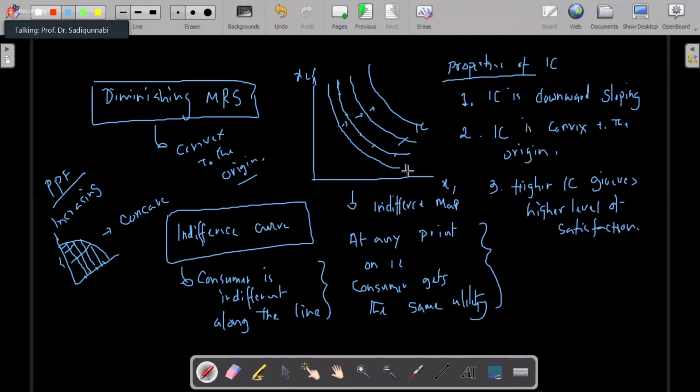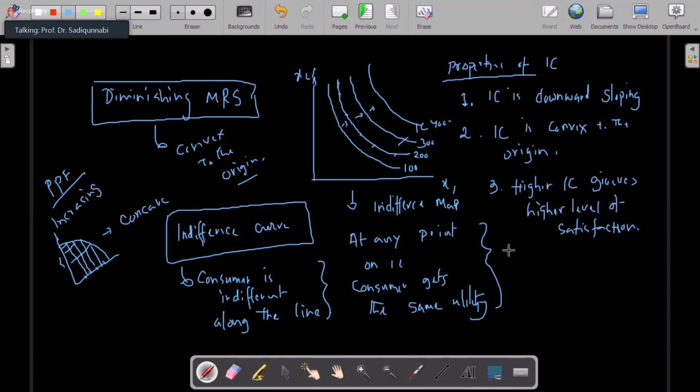Suppose here utility is 100, then maybe 200, then 300, then 400. Maybe we don't know, but we can say that the satisfaction level is higher.